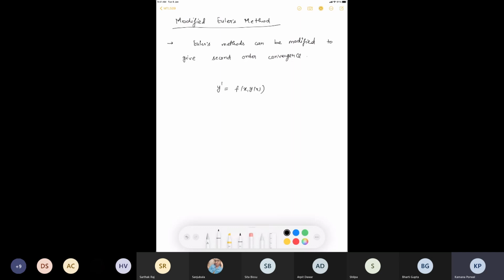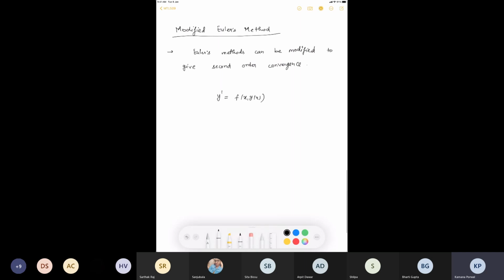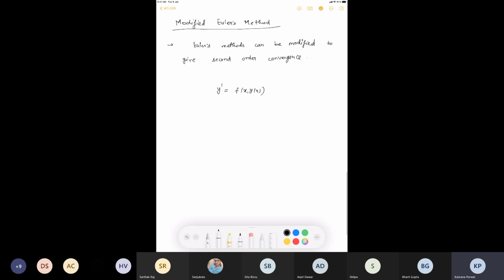We saw that there's a relation between the solution of this differential equation and the integral equation, so it's based on that approach. How do we obtain that integral equation? That is simply by integrating this differential equation, right? So that's what we are going to do.